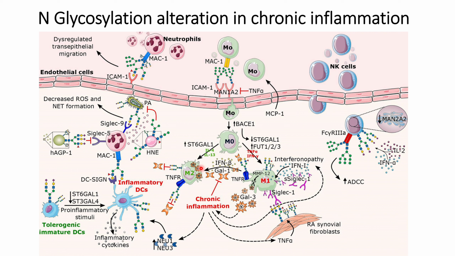There are some cases where M2 macrophages, which have a pro-tumorigenic response, will also be formed when there is an interaction with interleukin 4 and interleukin 13, that will cause the upregulation of ST6GAL1.